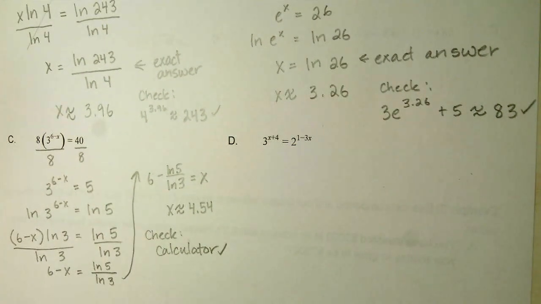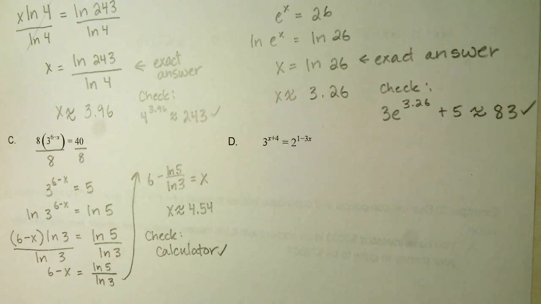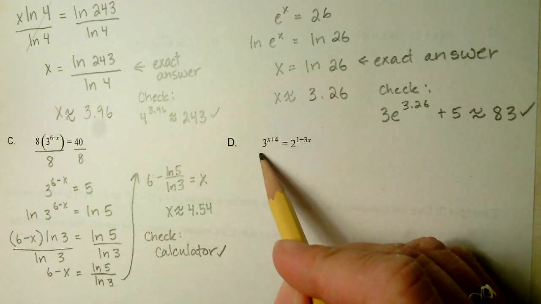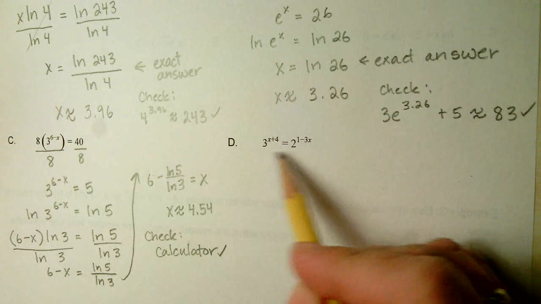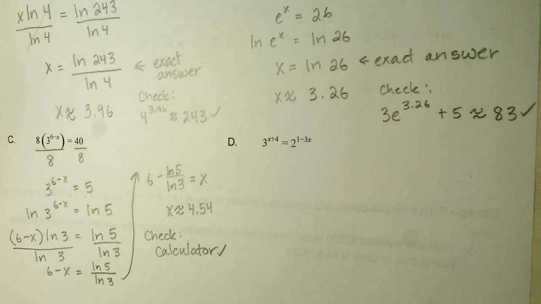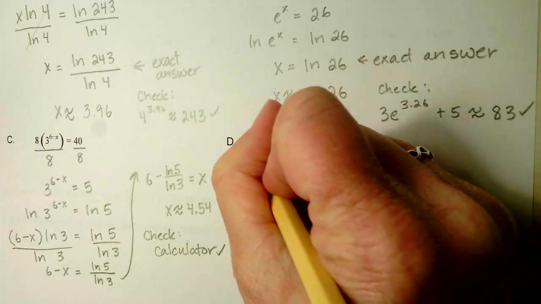Okay, I am hoping to get through D before my 15-minute time runs out here. So this problem is a little different, right? Because we have exponential expressions already by themselves on both sides of the equation. So we are going to take the natural log of both sides.